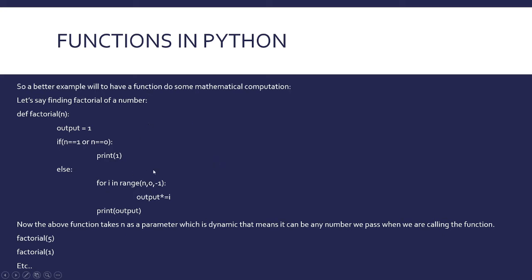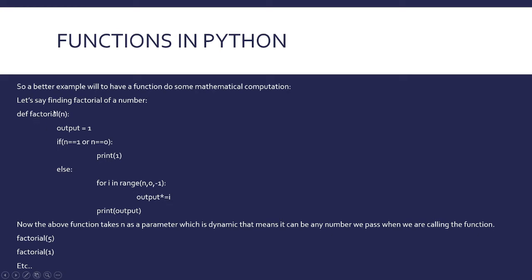This is called code reusability. We define a function for reusing a piece of code. If we don't define a function, then we have to write this code every time in our Python script whenever we want to calculate the factorial of a number.